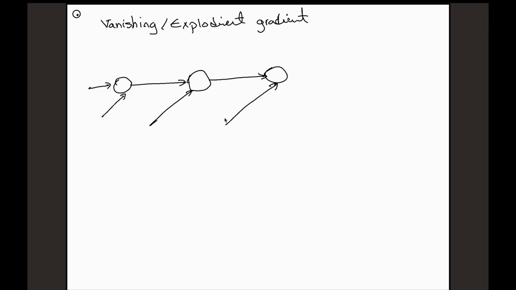Another problem that we can deal with when working with recurrent neural networks is vanishing or exploding gradients. Unfortunately for recurrent neural networks, we always have this issue, either of the two. Not always, but almost always. So let me unroll a recurrent neural network.